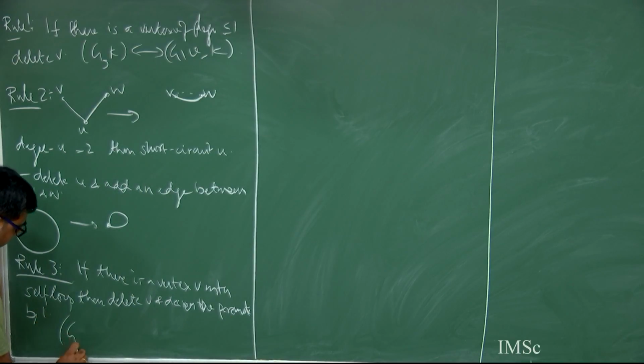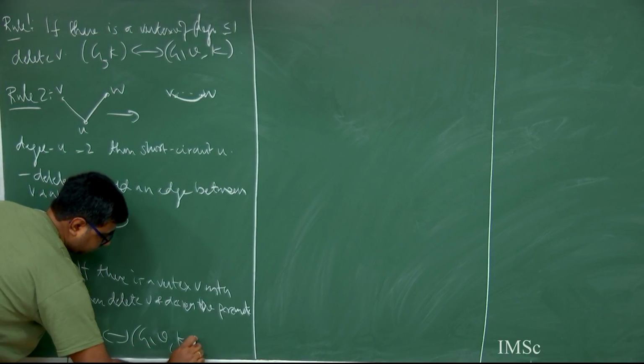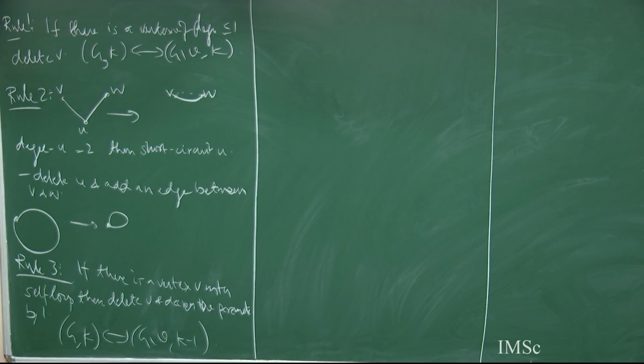So (G, k) becomes (G minus v, k minus 1). This is correct because any feedback vertex set of size at most k must contain v. So this is perfectly fine. These are 3 basic simple rules.